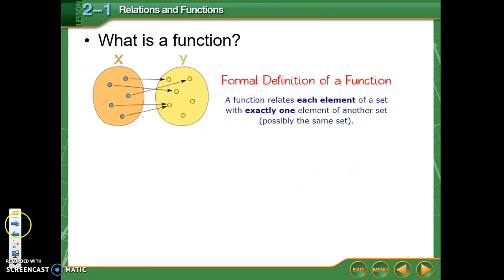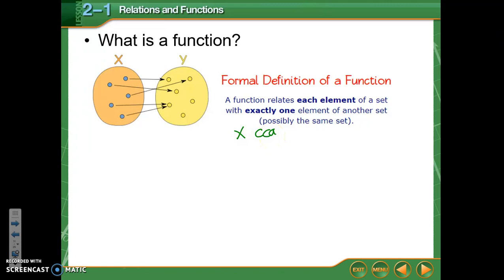All right, so let's remember first of all what a function is. We learned about this in Algebra 1. A function relates each element of a set, so in this case x, with exactly one element of another set. So basically what that means, practically speaking, is x cannot repeat.